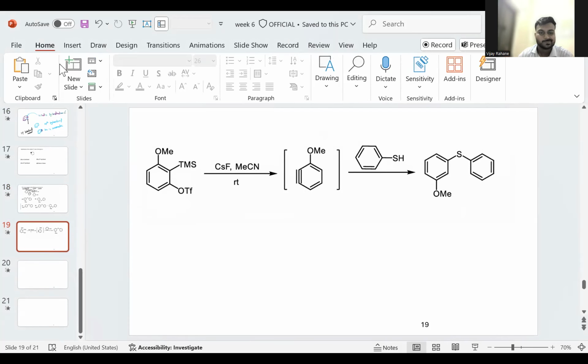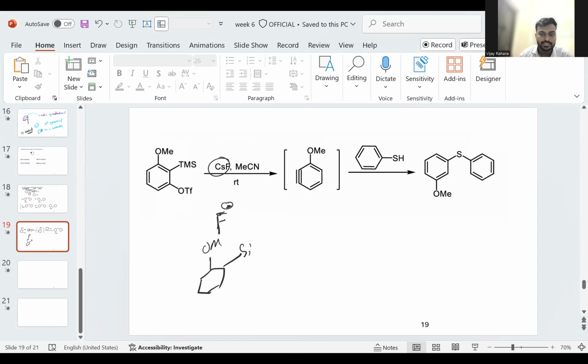So what happens when this cesium fluoride, that is again the base, right? Yes, a strong base. So it abstracts the proton. So which proton is it going to abstract? It doesn't abstract the proton. This is a nucleophile. It reacts with the TMS. So basically the TMS is like a silyl protection.